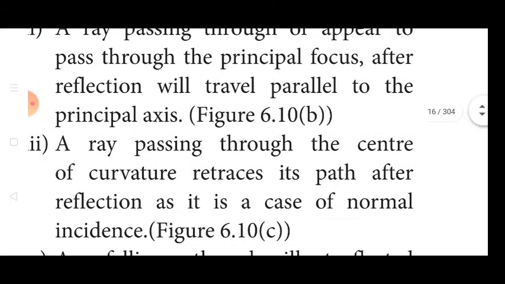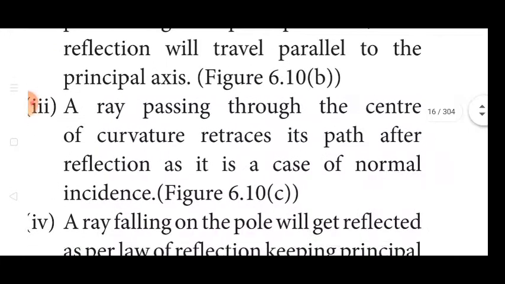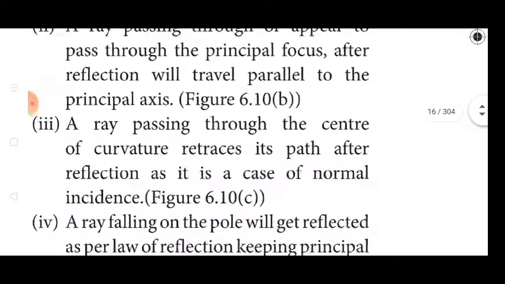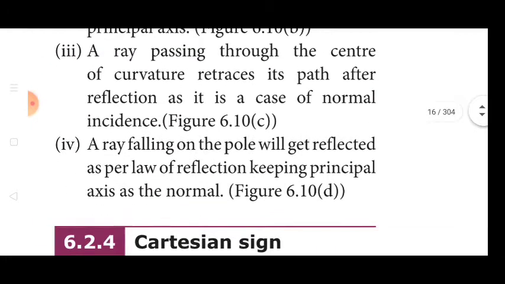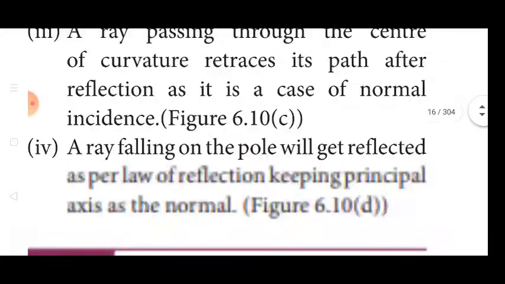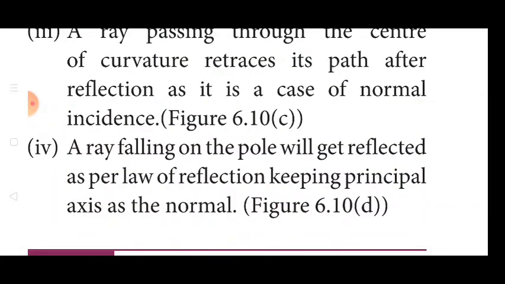Then, third point. A ray passing through the center of curvature retraces its path after reflection, as it is a case of normal incidence. Point 4. A ray falling on the pole will get reflected as per the law of reflection, keeping the principal axis as the normal.